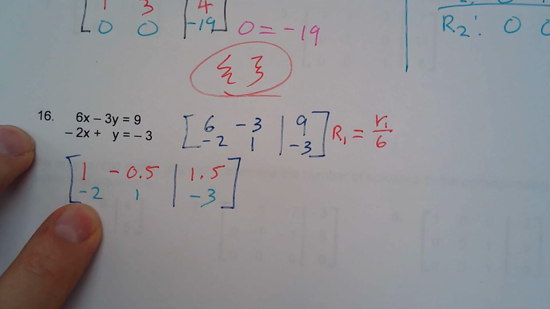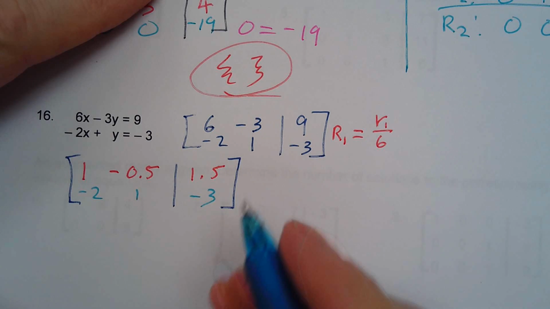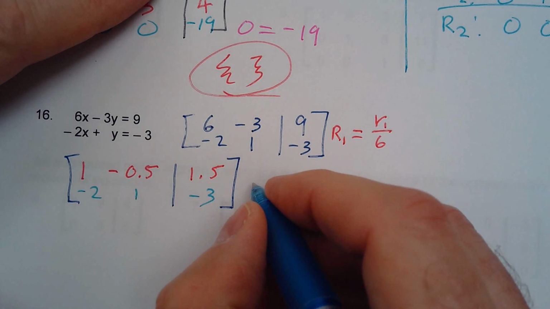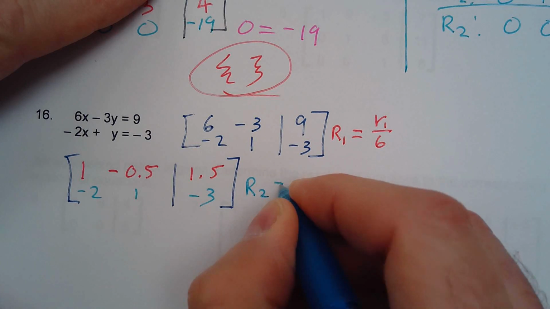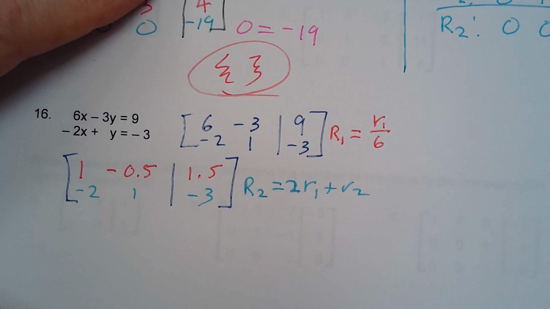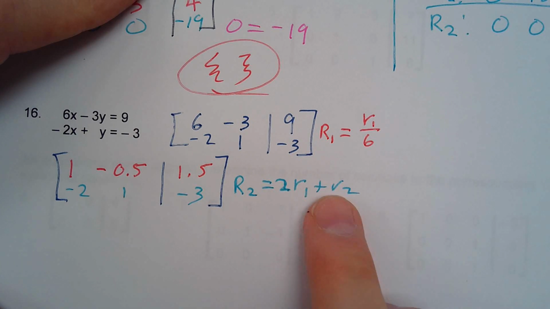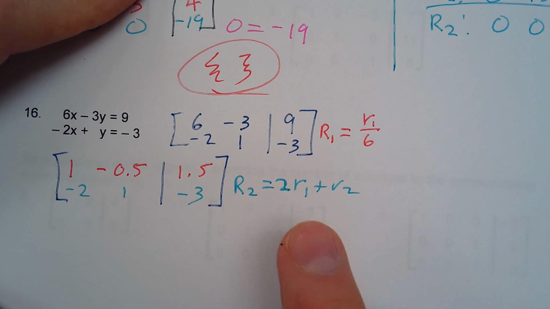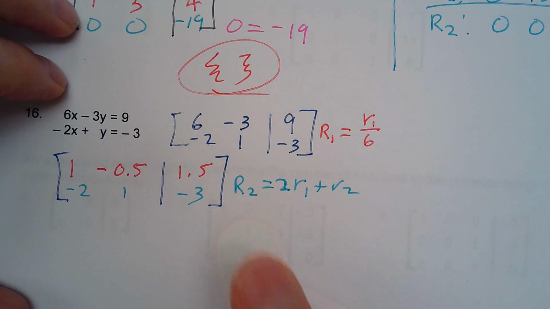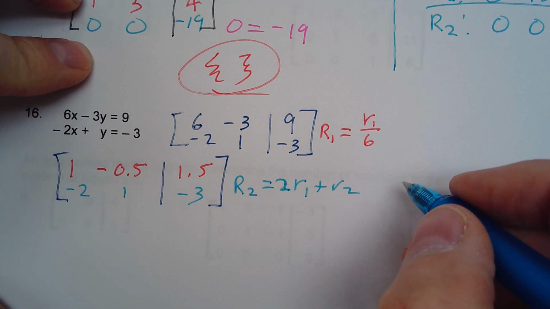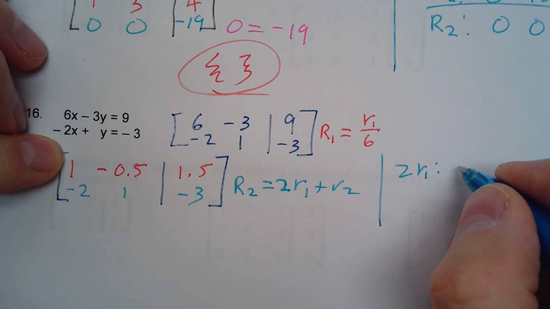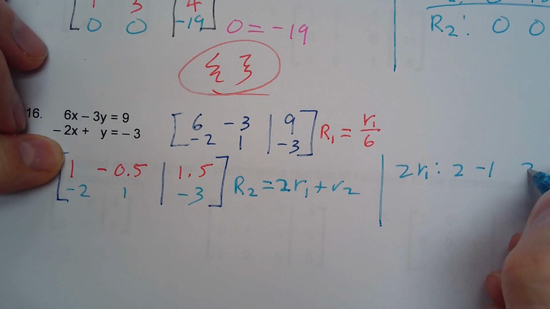Next, I want to get a 0 here. So I'm going to multiply row 1 by the opposite of negative 2, which would be a positive 2. So my row 2 is going to be 2 times row 1 plus row 2. I like to use lowercase r's because this just helps remind me that I'm working with these rows here to generate the new row 2 down here. So this would be 2 row 1, which would be 2, negative 1, 3.